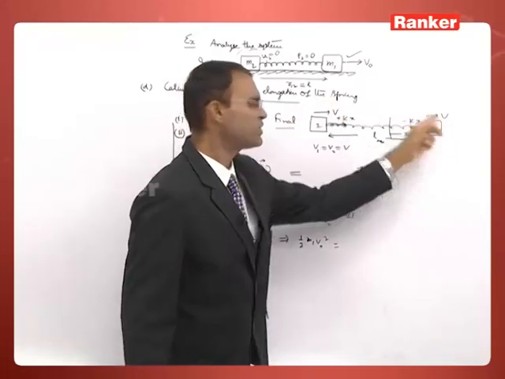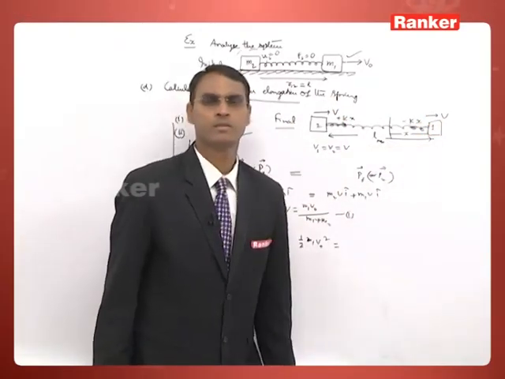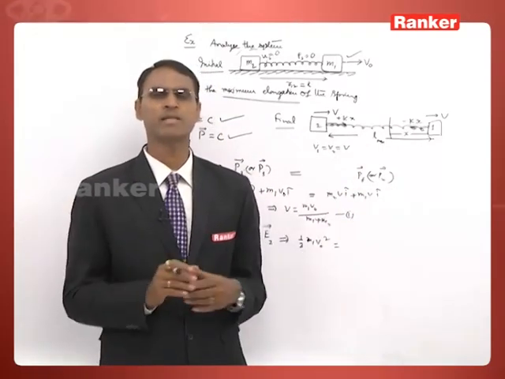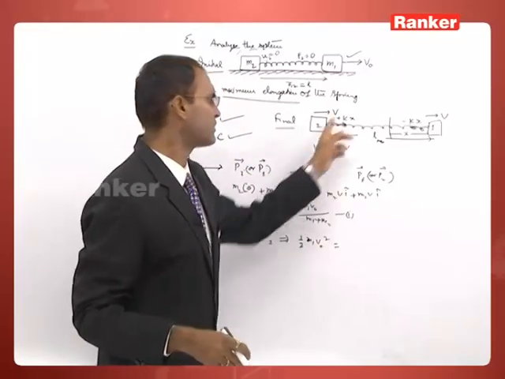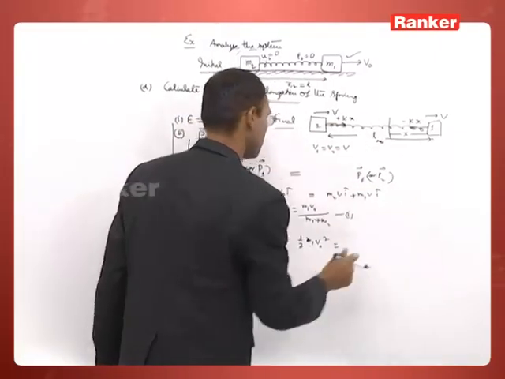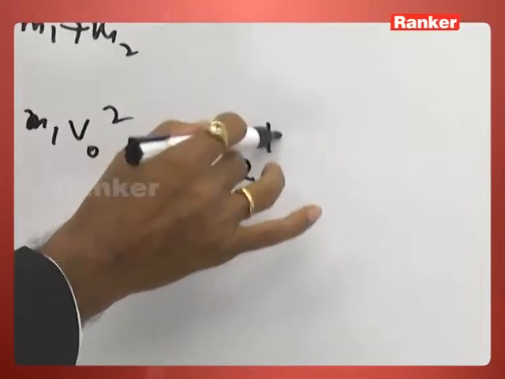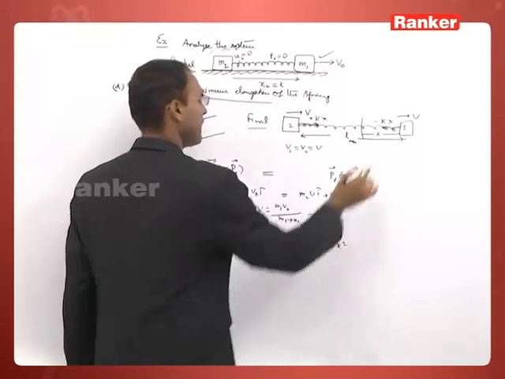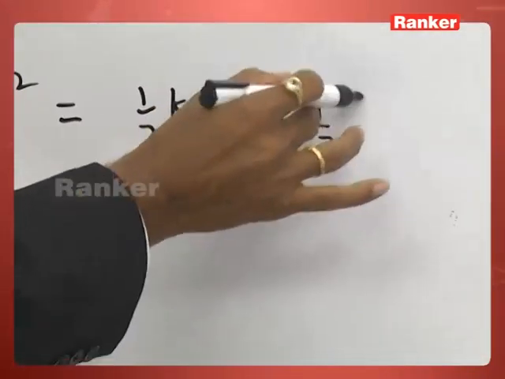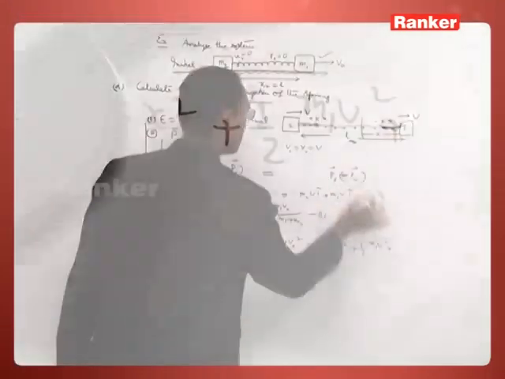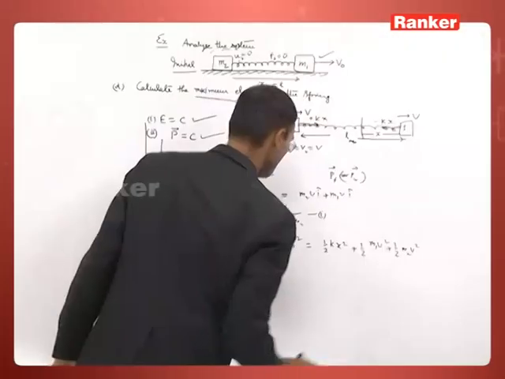Finally, at this position, when both the blocks will move with some velocity, the spring will have maximum elongation. We can have the kinetic energy of both the blocks, also the potential energy of the spring. Just we have to calculate and add them up. Potential energy of the spring is half kx square, where x is the elongation of the spring, plus kinetic energy of block 1, that is half m1 v square, kinetic energy of block 2, that is half m2 into v square.